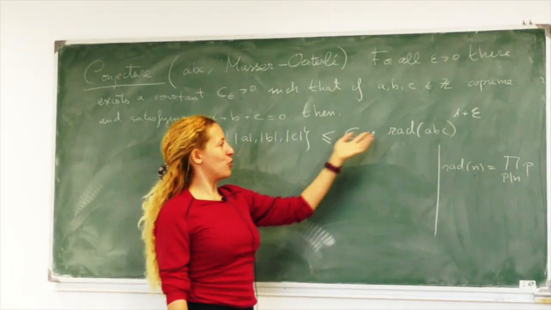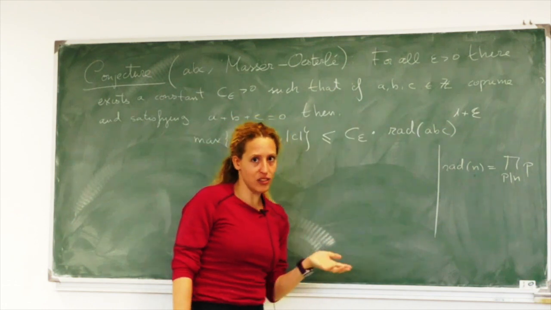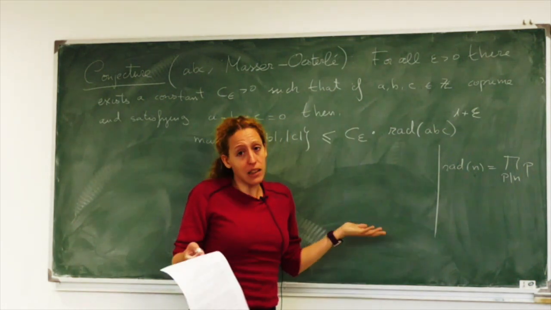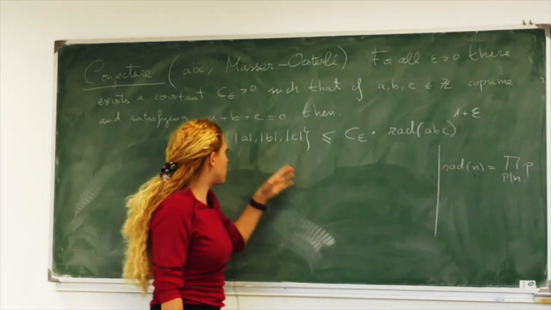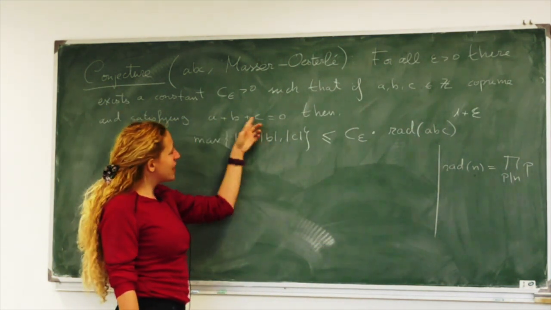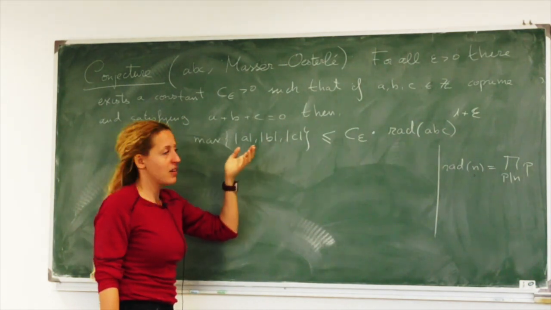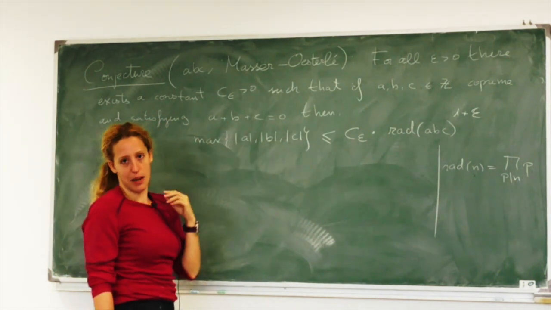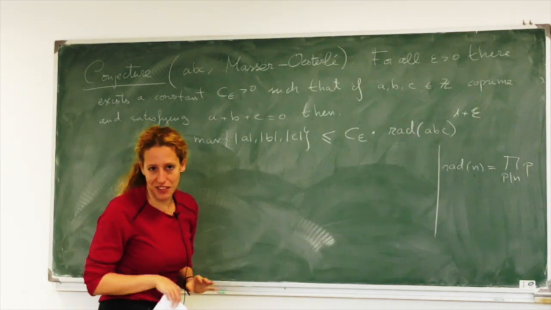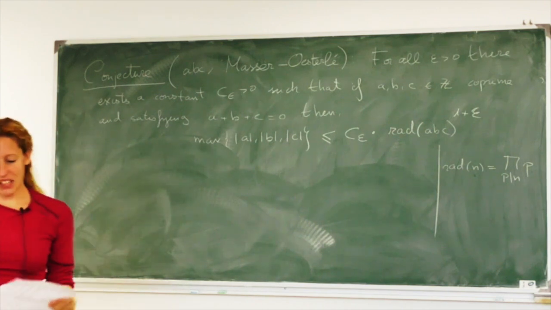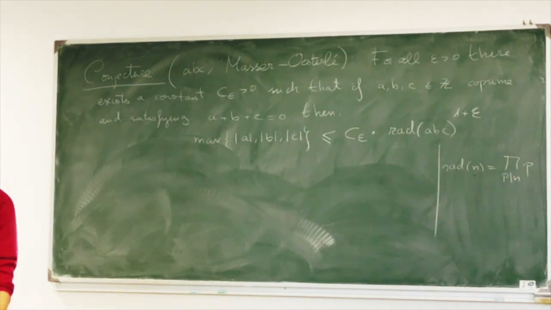Because this is smaller or equal than this up to a constant, it means that the radical is relatively big. So when you have something like this, it may not happen that you have big powers of a prime dividing the numbers here. This is the intuition, more or less. Okay, so here we have the conjecture.